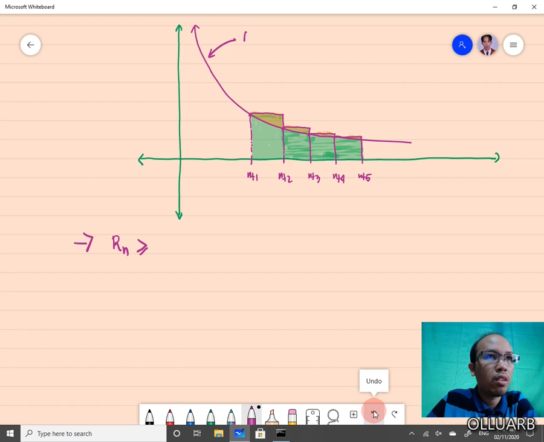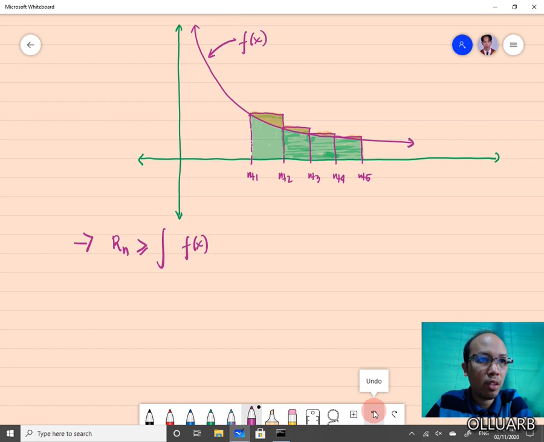Remember that this is our function f of x. We know in our Calculus 1 subject, the area is represented by the integral where your lower limit starts from n plus 1. Why is this?